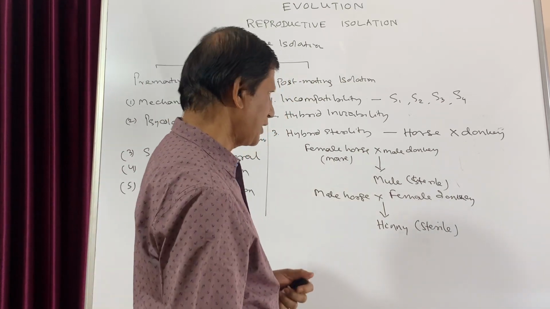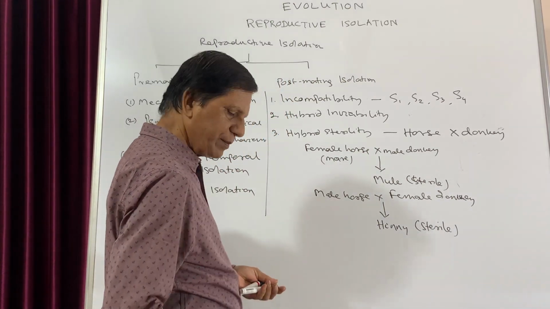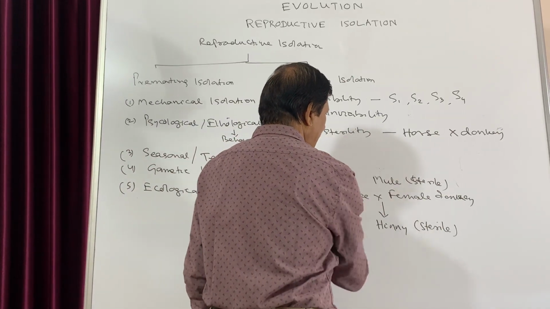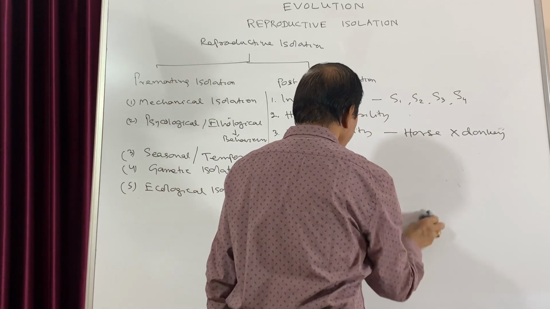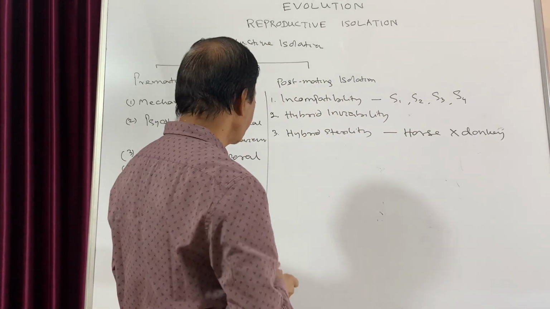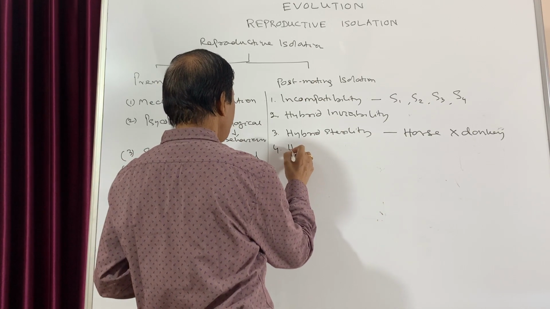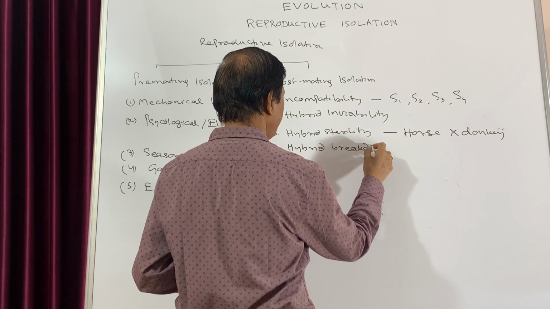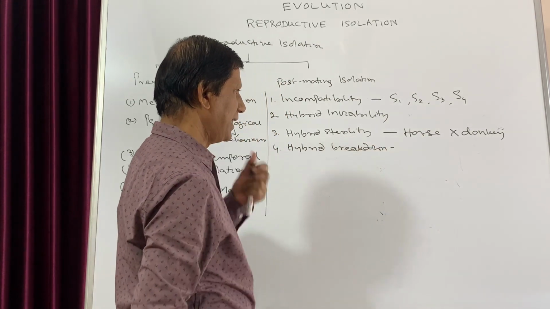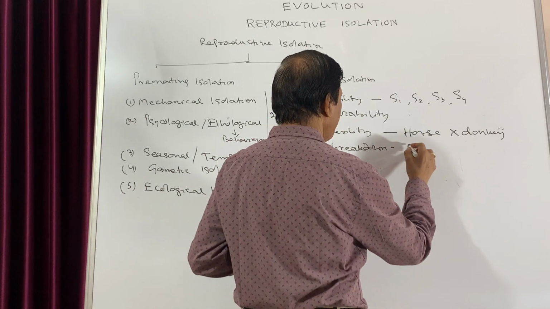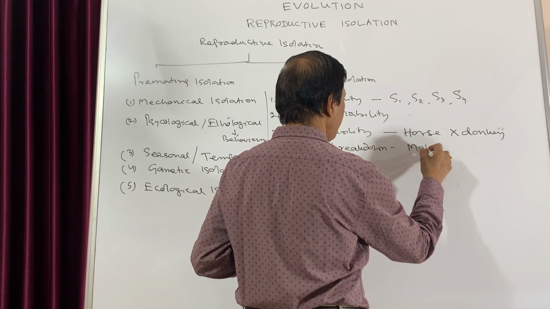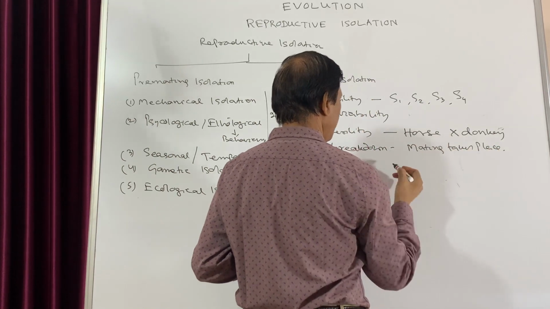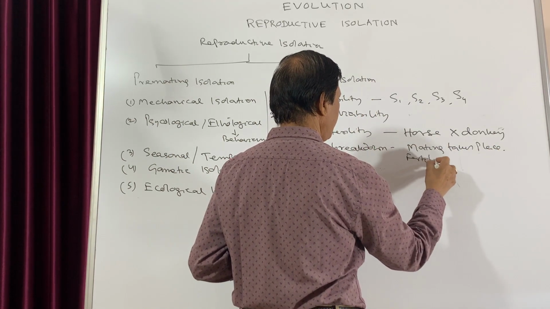Now come to the next point, the fourth point, hybrid breakdown. In the case of hybrid breakdown, we go one step ahead. Mating takes place, then fertilization occurs.